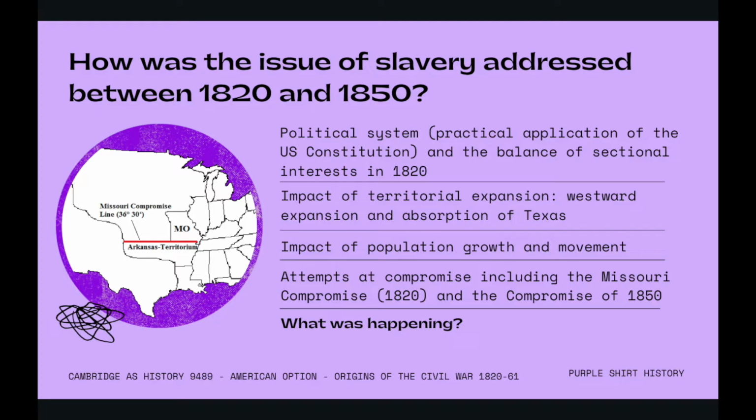Impact of population growth and movement. America is an exploding country. GDP, population, influence, everything. It is a country on the upswing. Another aspect that really needs to be looked upon is the two systems of economics between the North and South. In the North, it's industrial capitalism, just like what happened in Britain. We made a video about that.